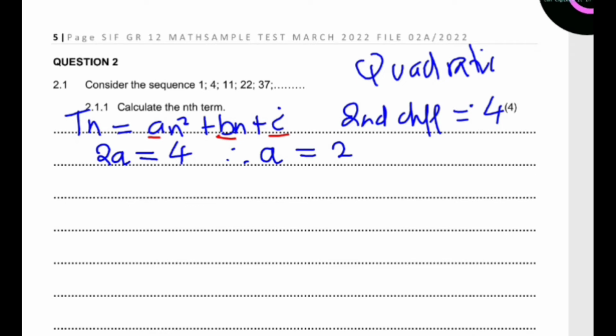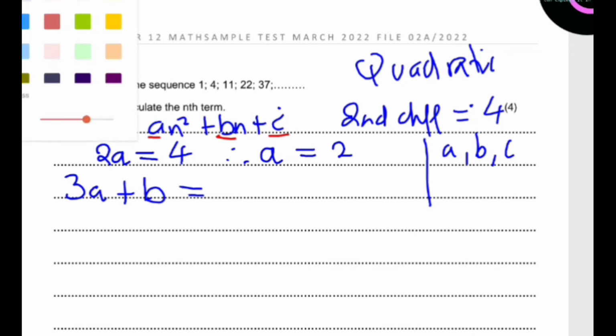So we've got the value of a is equal to 2. Now, how do we get the value of b? Okay. So normally this technique is called the ABC method. Get A, get B, get C. How do you get the value of b? Well, to get the value of b, you're going to have to say 3a plus b is equal to the first difference of the terms.